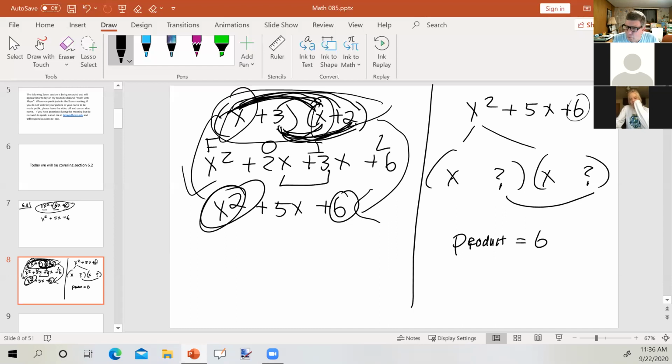So I need more information to know whether we're talking about 6 and 1, -6 and -1, 3 and 2, -3 and -2. Those are all pairs of numbers that could go here and here to give us a positive 6.